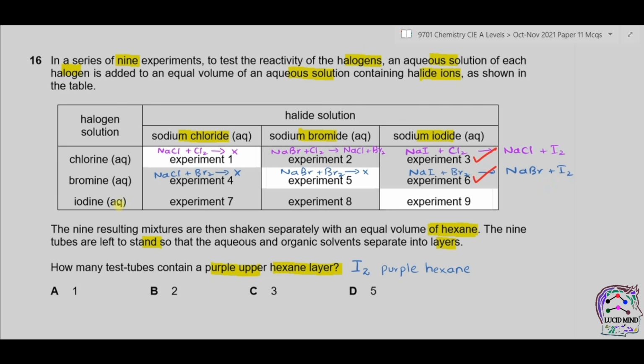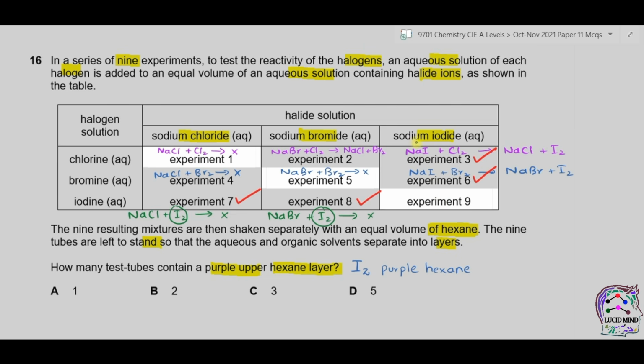Now reaction of aqueous iodine with sodium chloride, there is no reaction because chloride is stronger as compared to iodine. So still iodine is present in the solution. Therefore experiment 7 consists of iodine. In experiment 8, iodine and sodium bromide. Again iodine cannot displace bromide, but iodine is present in the solution, so experiment 8 consists of iodine.